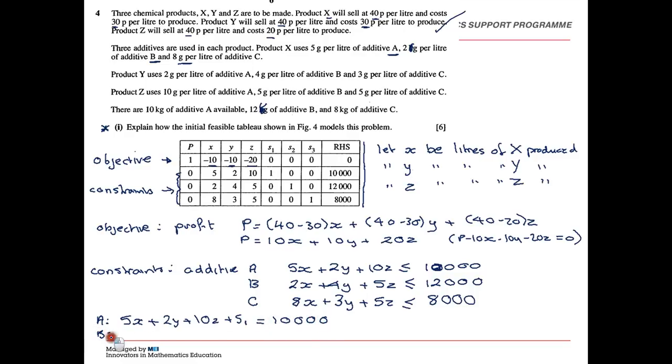For B, our constraint again, plus S2 is equal to 12,000. And for C, it's going to be 8x plus 3y plus 5z plus S3 is equal to 8,000. And that's explaining what we've done in the Tableau there. There are 6 marks for this part of the question.